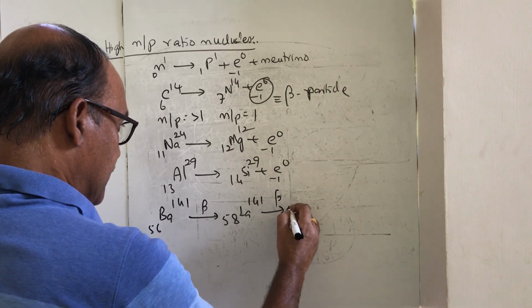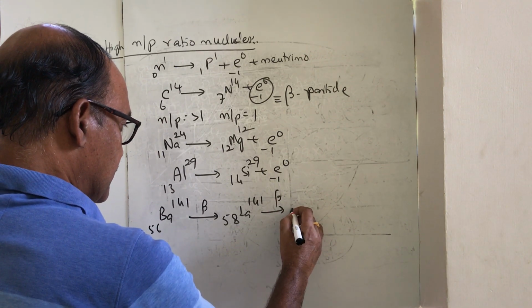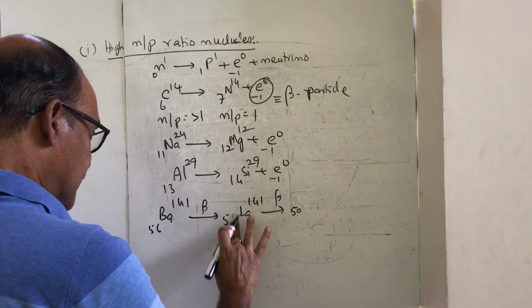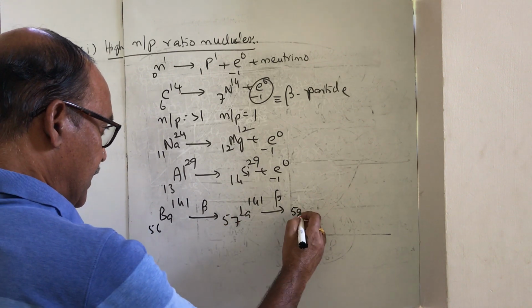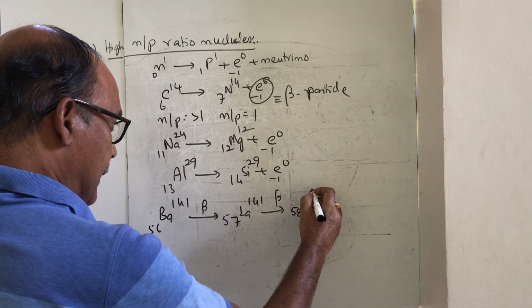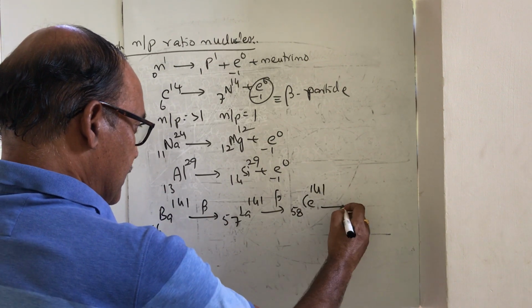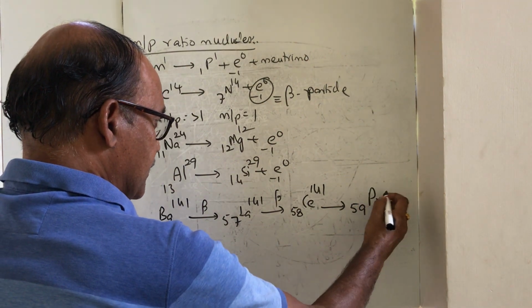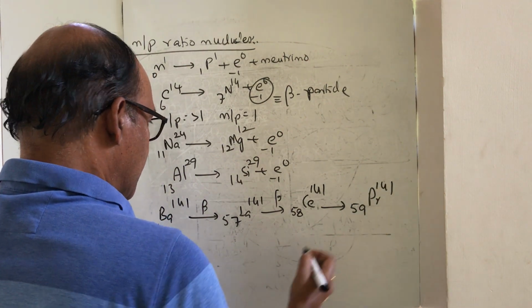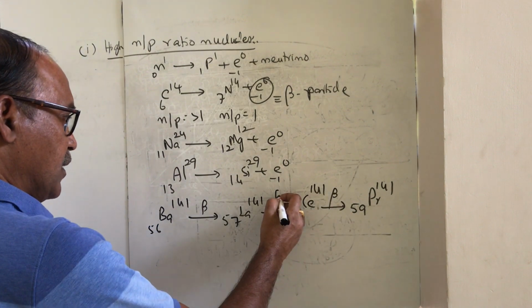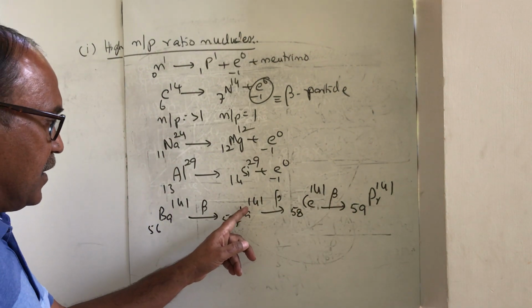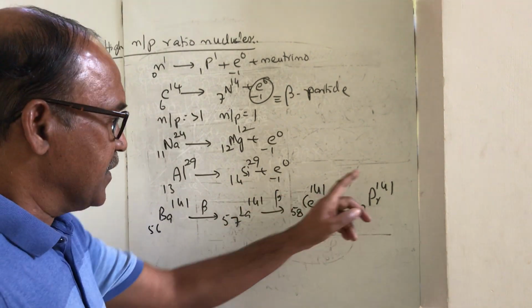One more beta particle gives cerium-141, atomic number 58. Then 59 is praseodymium-141. So there is successive emission of beta particles. Here stability is gained, and further stability is gained, still further stability is gained.